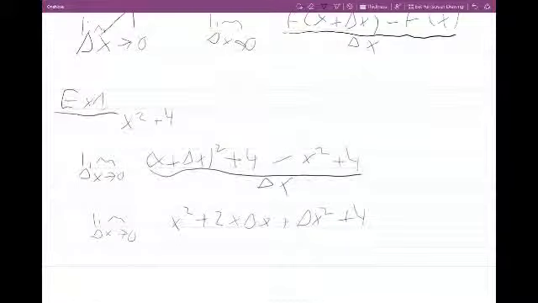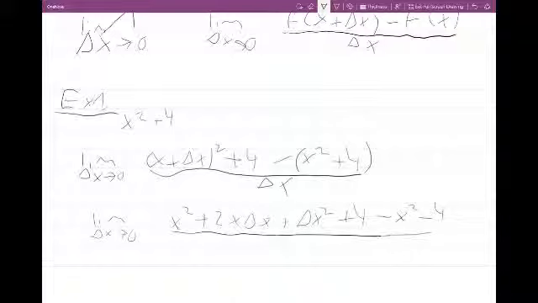Whoops, there should have been parentheses around this right here. Then you distribute the negative sign through there, and you get minus x squared minus 4, all over delta x. Now you can cancel like terms on the top: 4 minus 4 is 0, and x squared minus x squared is 0, so you cancel those out.